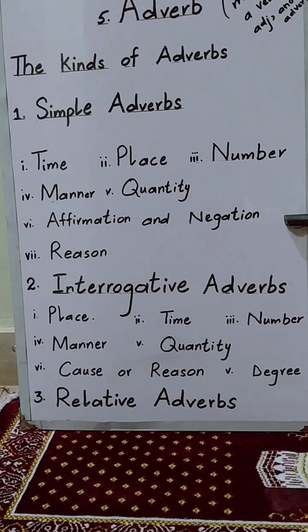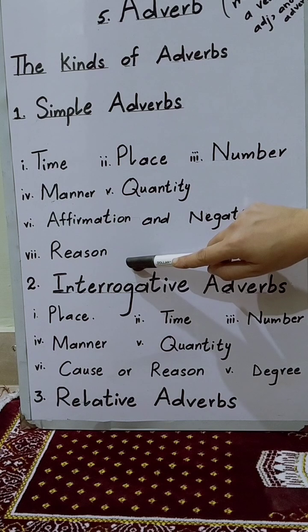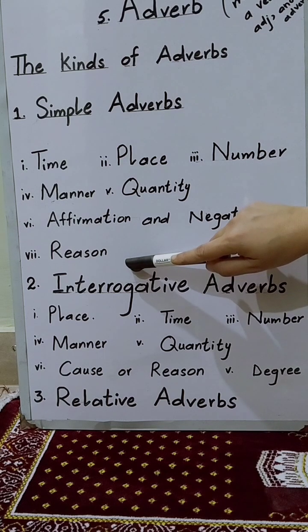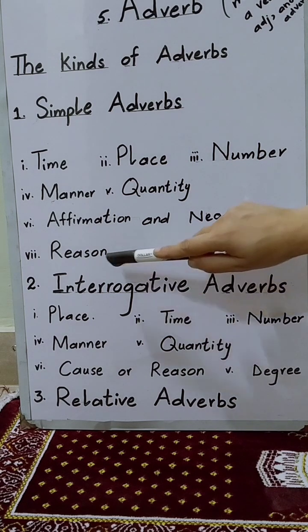In this example, not is used for negation. The main adverbs of this class are yes, no, not, may, not at all, by all means, etc. Adverb of reason. For example, I therefore left the city for good. The main adverbs of this class are hence, therefore, however, etc.